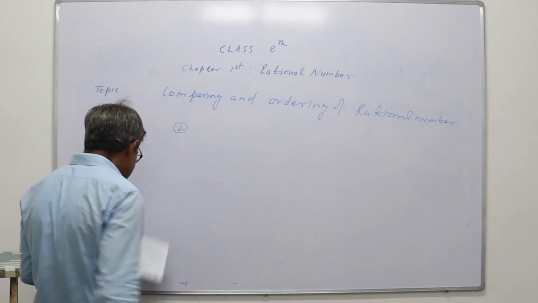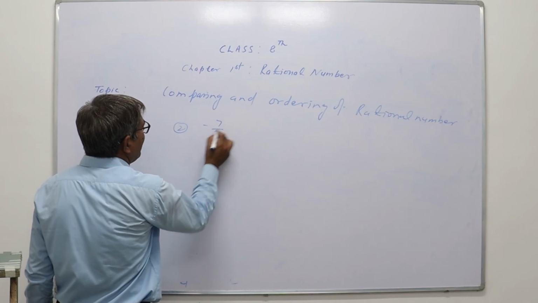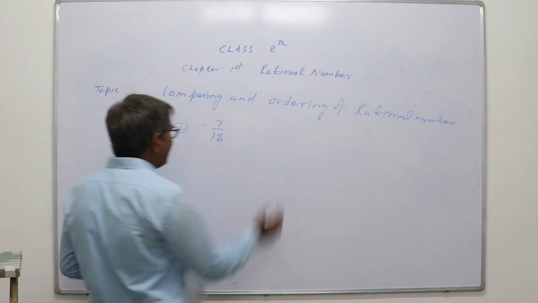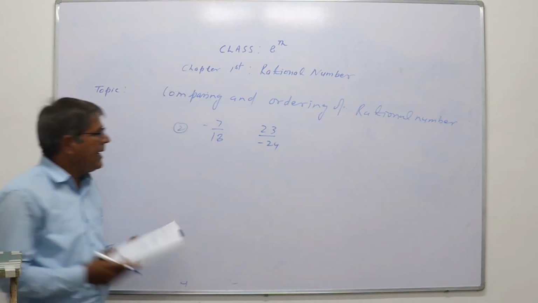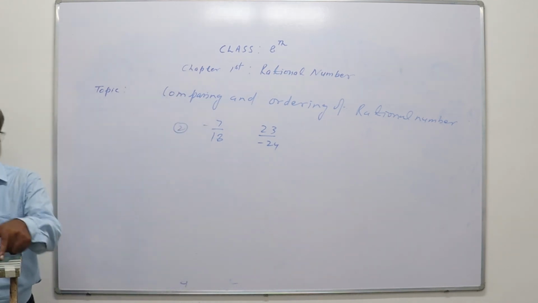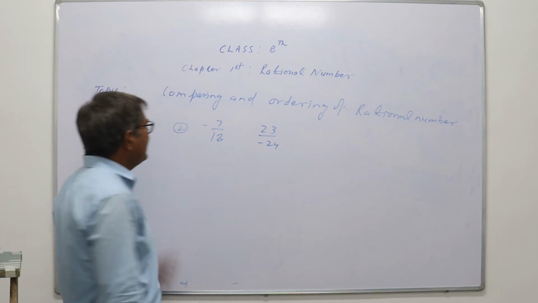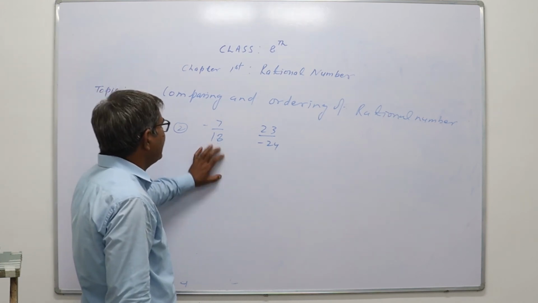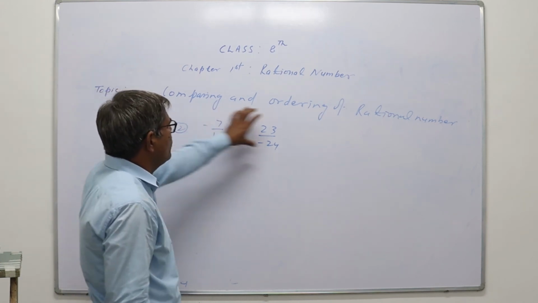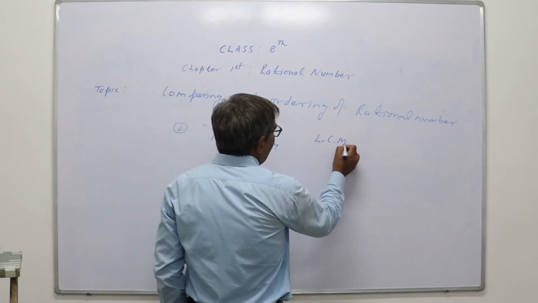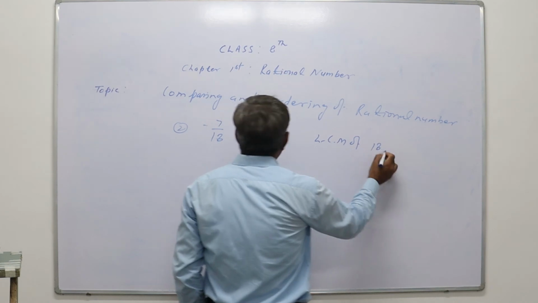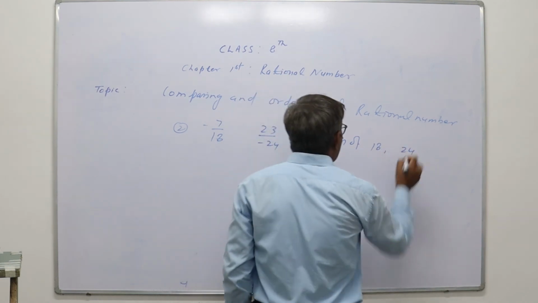Let us suppose the first rational number is minus 7 upon 18 and the second is 23 upon minus 24. We have to compare these rational numbers by making the denominator the same. So to make the denominators the same in these two given rational numbers, first we will take the LCM of 18 and 24.